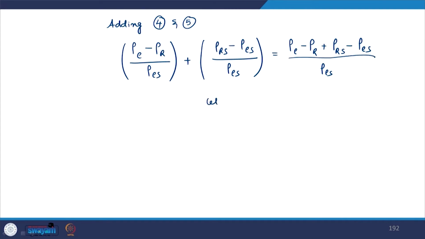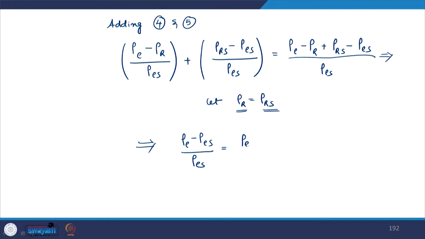So, let us say rho_r is equal to rho_rs. That means the density at the surface is equal to the density at saturation. Okay. In this case, this expression reduces to simply (rho_e - rho_es) divided by rho_es.